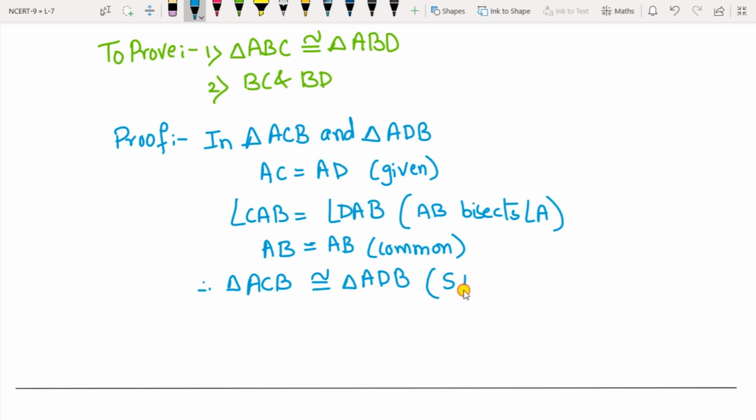So SAS. On proving the triangles to be congruent, you have to write the CPCT, whatever the side or the angle that they have asked in the question. This is the second thing that gets automatically equal. Therefore, BC will be equal to BD. The reason is CPCT. So this is the way to solve the sum.